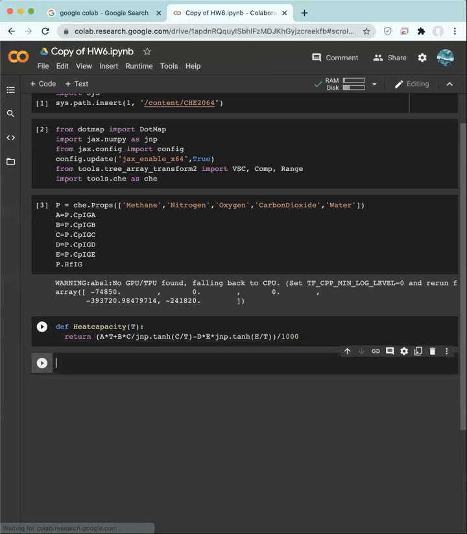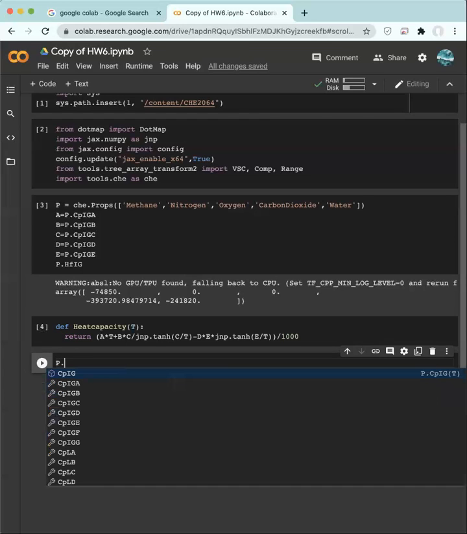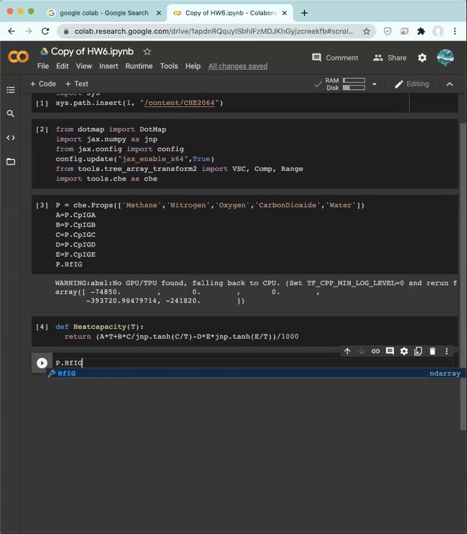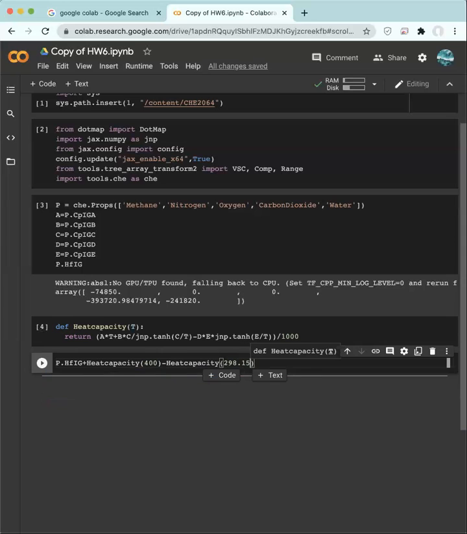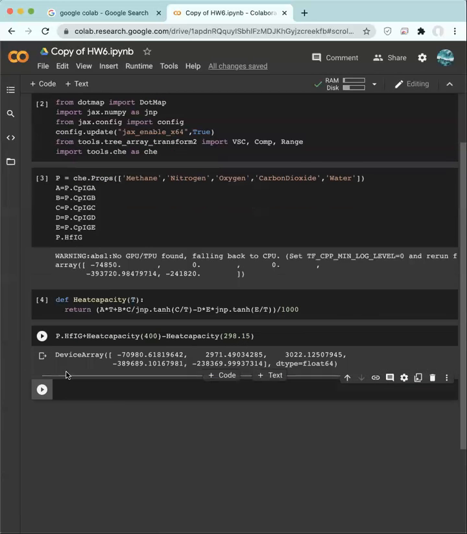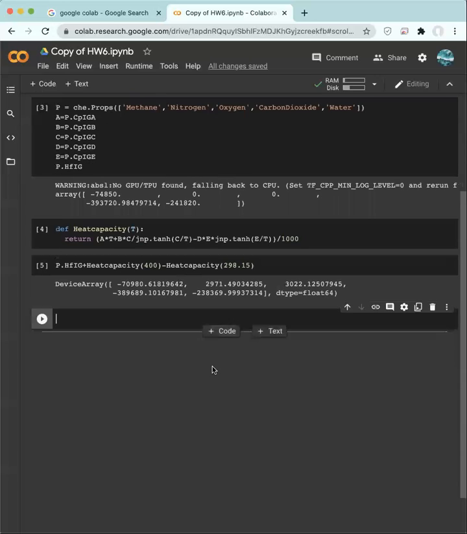So that'll give us a function. And then we want to be able to use this equation. So P.HF, so the heat of formation plus the heat capacity at 400 degrees Kelvin minus the heat capacity at 298.15 degrees Kelvin. And that should give us these numbers.